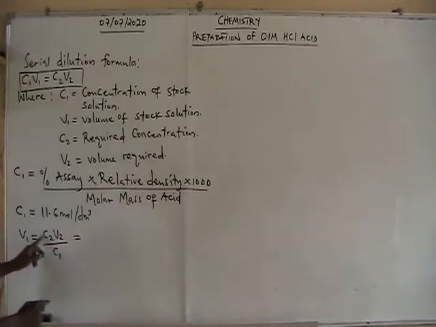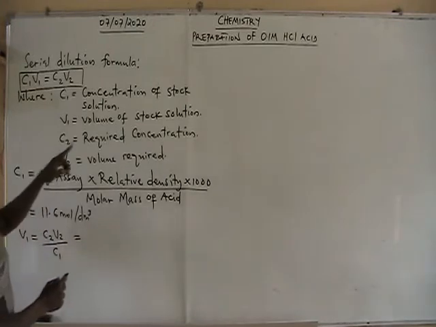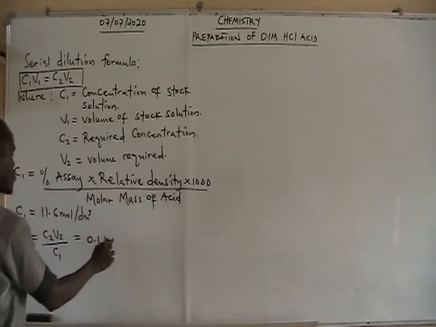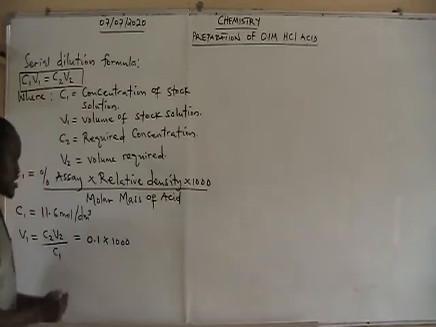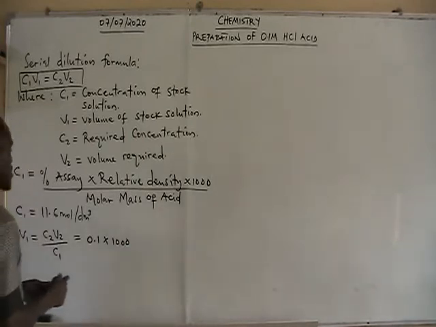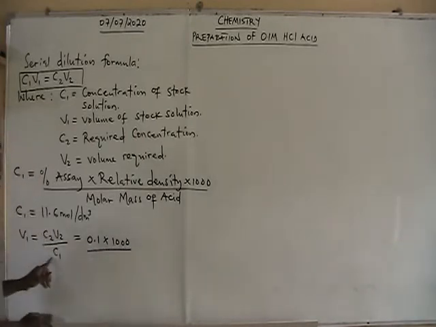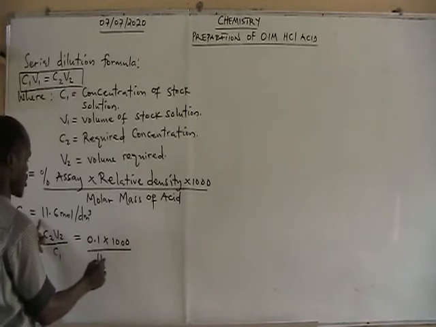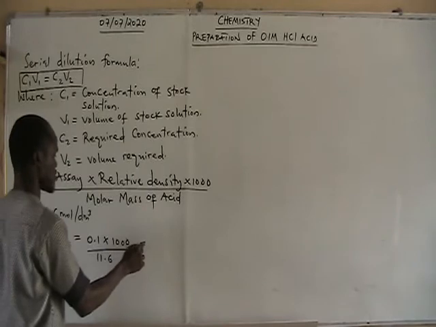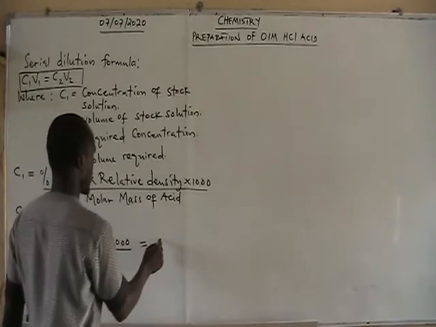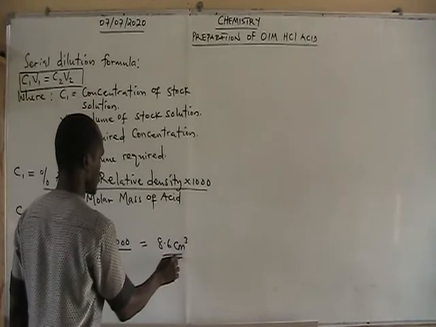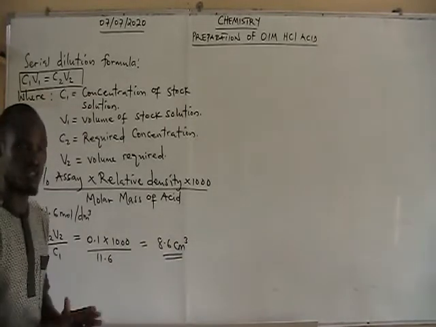My C2 is the required concentration, which is 0.1, times V2, which is 1,000, because I'm using the 1,000 capacity volumetric flask, divided by my C1, which is 11.6. By the time you calculate this, you are going to have approximately 8.6 cm3, which is the volume of the stock solution.